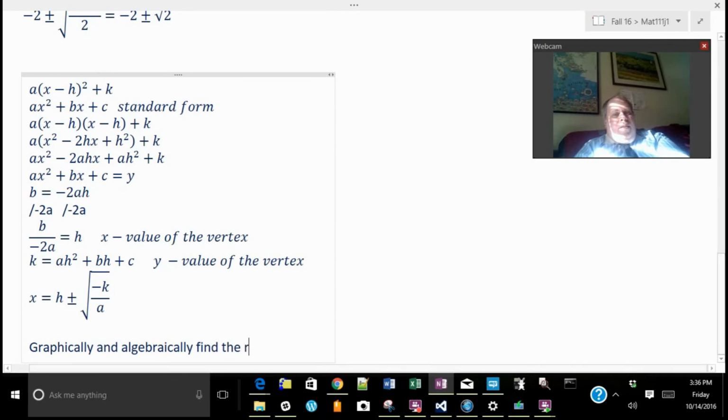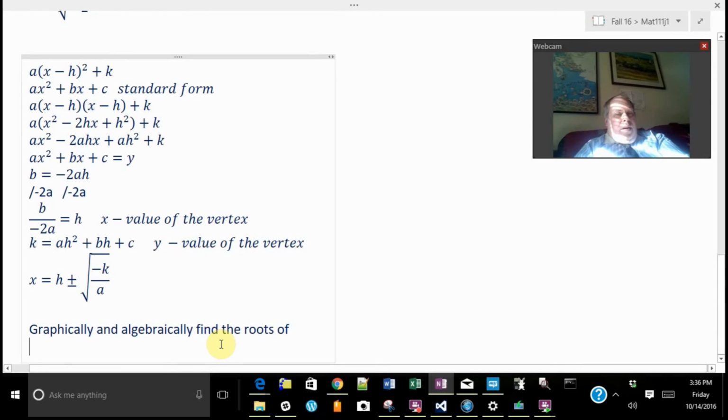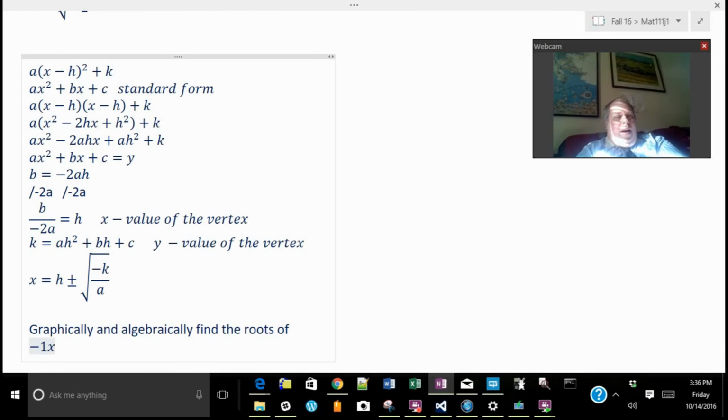Find the roots of, let's say, minus 1 x squared plus 6x minus 4.